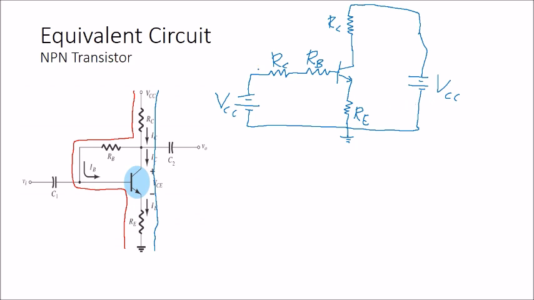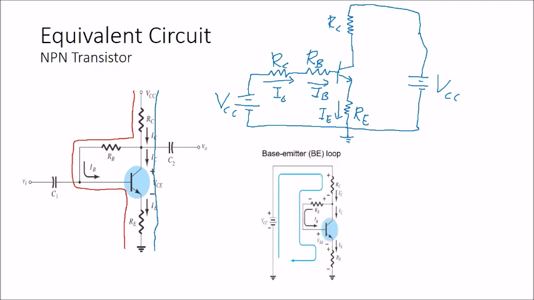But keep in mind that you have to label the current. The current flowing at the RC is not IB, it's IC. The current flowing at the RB is IB, and the current flowing at the RE is IE.